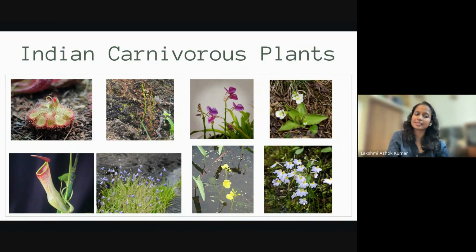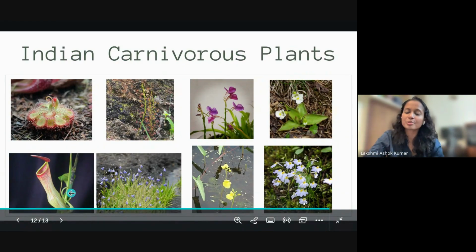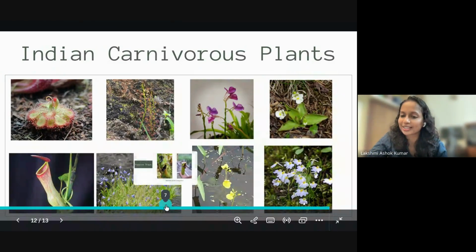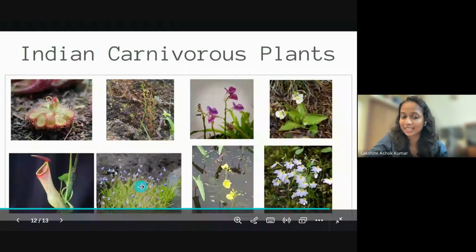Then there is Nepenthes khasiana I just talked about. And here, this is Drosera indica, as well as Utricularia growing in the same habitat. So if you find a Drosera somewhere, you will likely find Utricularia also in similar conditions.